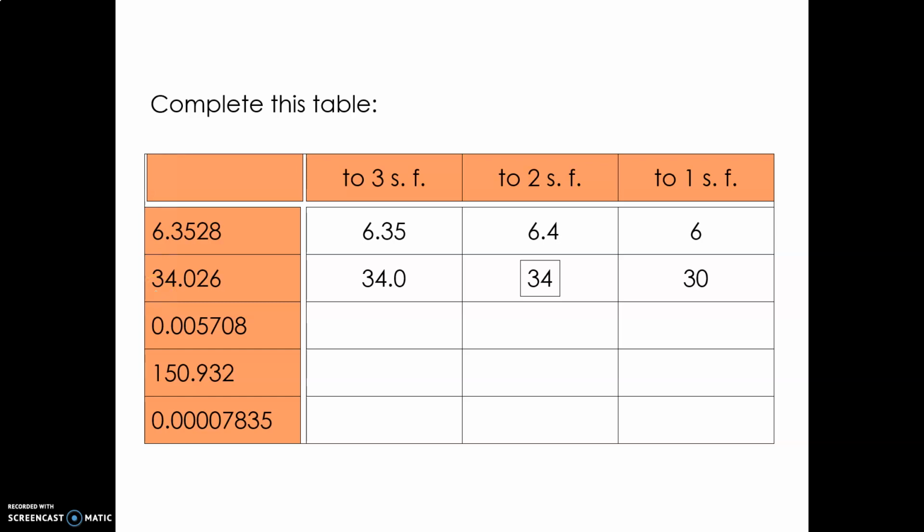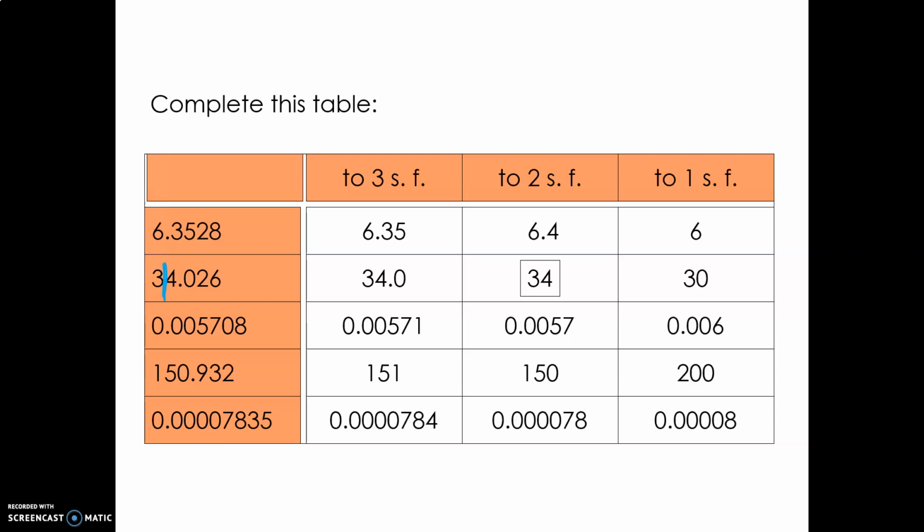But remember, if you go through the steps correctly, put the line there. The 4 means you chop it off, but you've got to replace the 0 to keep the placeholder. And there are all the final answers.